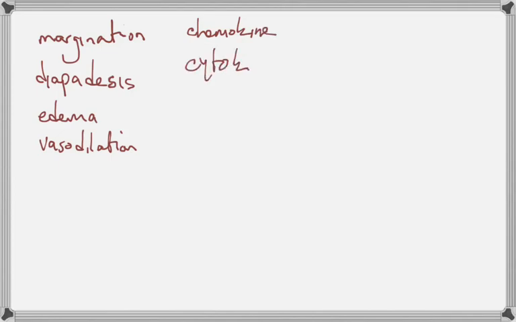Cytokines, chemokines. Neutrophil. What else can we include to this list? Write out the steps of inflammation or describe inflammation using this terminology. Oh, it is, but there's more. Let's throw macrophage in there. Okay, so that'll be our first list of terms.